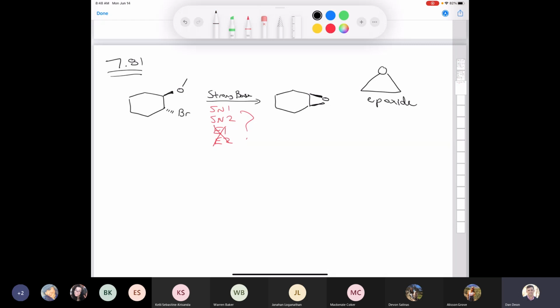Absolutely, right? We've got the oxygen, the hydrogen attached to the oxygen. So if you have a strong base, let's imagine you put this in sodium hydroxide, that's a strong base. Well, what's going to happen is the hydroxide is going to abstract the proton like this, and then you might end up with something that looks like this, where you have the oxygen with a negative charge, and then you have the bromine here.